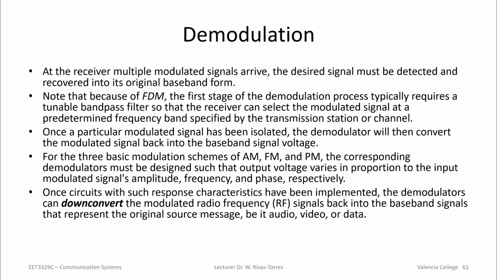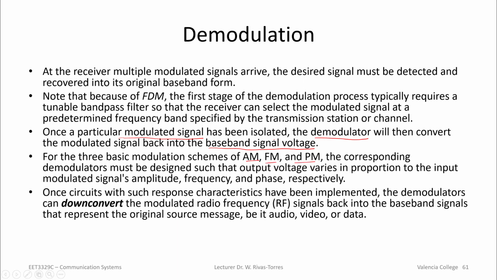So once the modulated signal has been isolated by the filter, we are going to pass it to a circuit called a demodulator that will then convert the modulated signal back to our baseband signal voltage. And we know that there are three basic schemes: AM, FM, and PM.